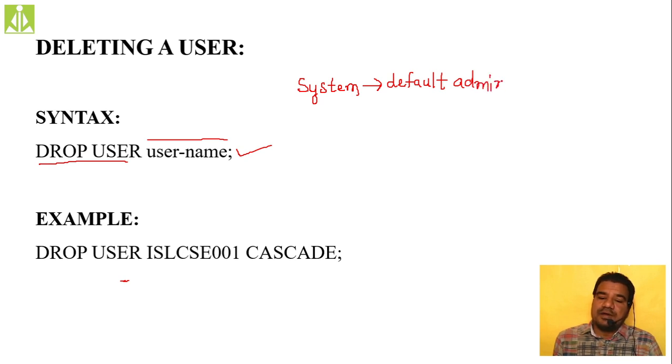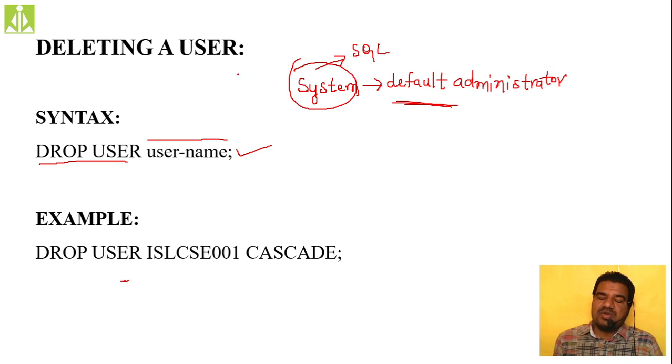There is importance in having this default administrator. If anything goes wrong with your current user, then you can depend on this default user. That is the reason why this default user has very much importance in our SQL. So simply don't delete this default user.